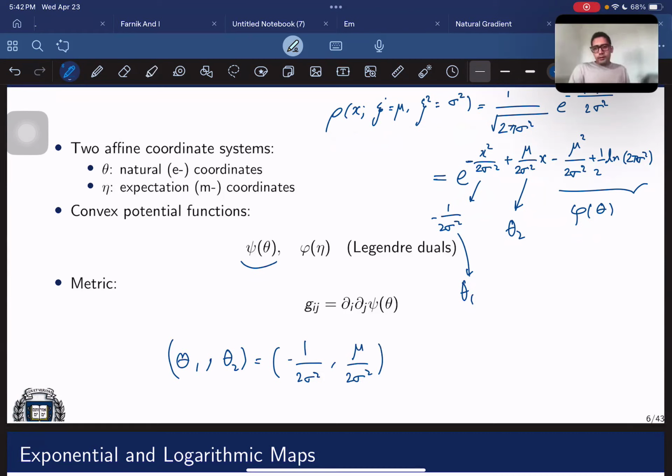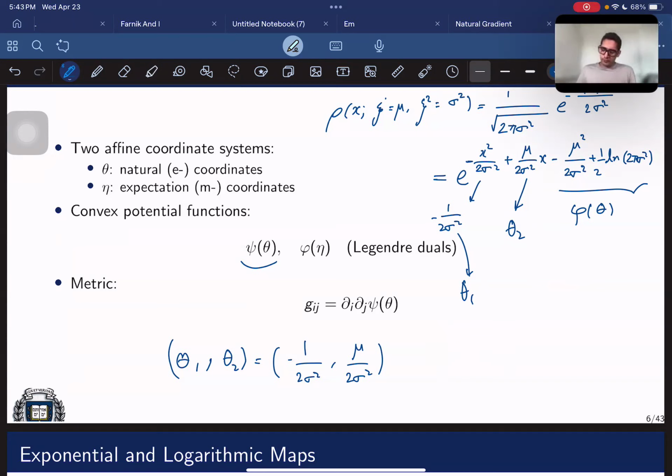And then we talked about the duality between the two flat coordinates. If we take the gradient with respect to phi of theta, it would give us the dual coordinate system. So let me go ahead and write this.